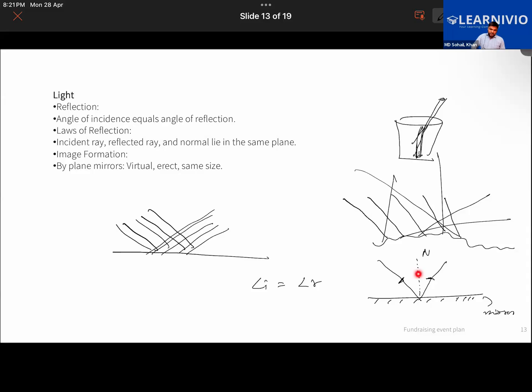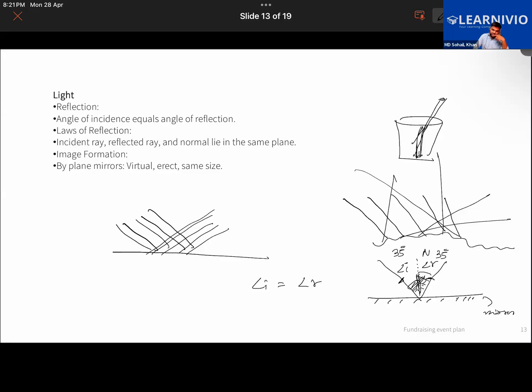The angle formed between the normal and the incident ray is angle I, and then we have the angle of reflection. So angle I is always equal to angle R. If this is, suppose, 35 degrees, that is also going to be 35 degrees.